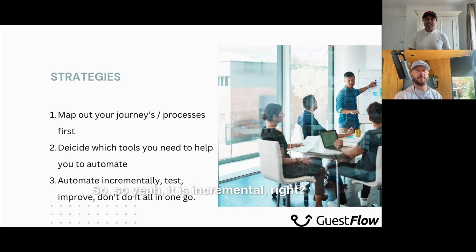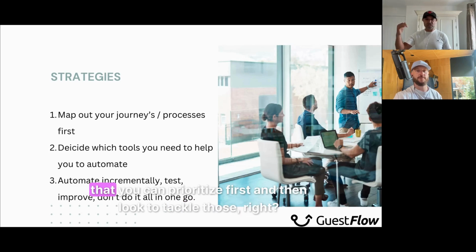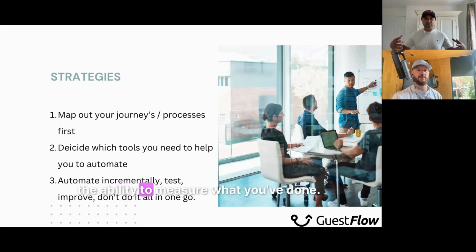So yeah, it is incremental, right? Like we say, understand the highest value tasks in your business that you can prioritize first, and then look to tackle those. Once you've implemented that, make sure you put in place the ability to measure what you've done. Also, you need to test it yourself as well.